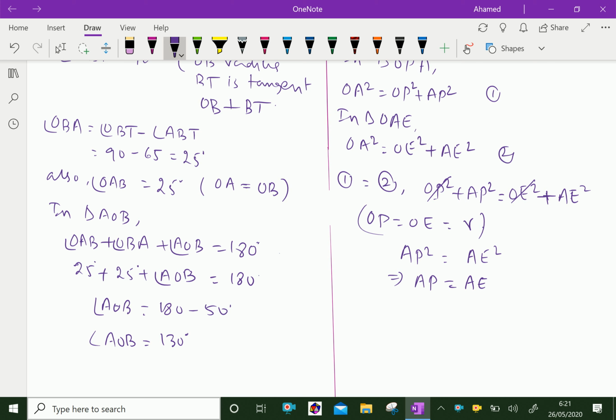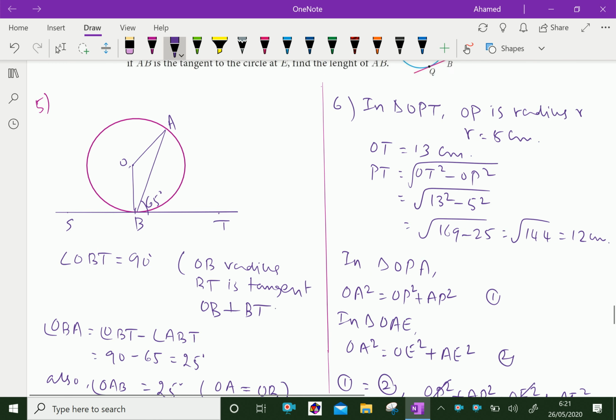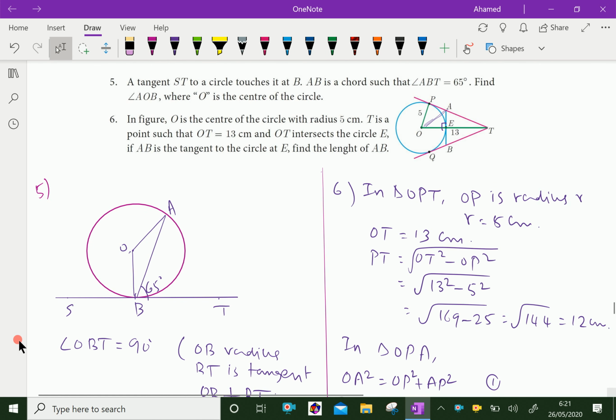Here AP equals AE, and BQ equals EB also. OP equals OE. Also, angles APO and AEO are 90 degrees. So it is a kite.